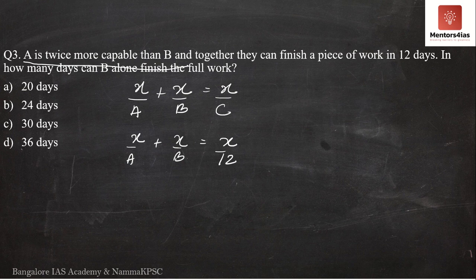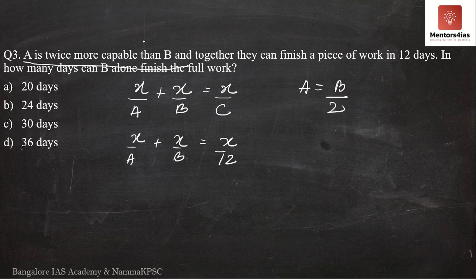Now the question is asking how many days shall B take to complete the entire work by himself. That is the question over here. Now see here, since it says A is twice more capable than B, then A, that is the number of days taken by A to complete, should be equal to half the number of days taken by B. Correct?